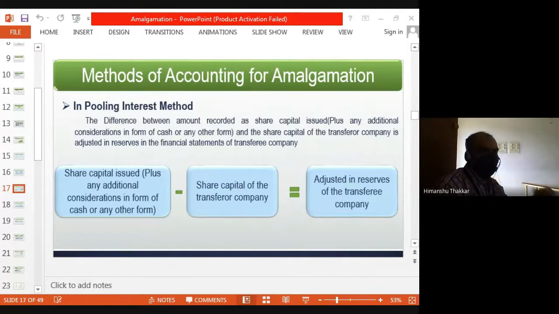Getting it, all of you? So the difference between the amount recorded as share capital plus any additional consideration in cash or any other form, and the share capital of the transferor company, is adjusted in the reserves in the financial statement of the transferee company. Done?